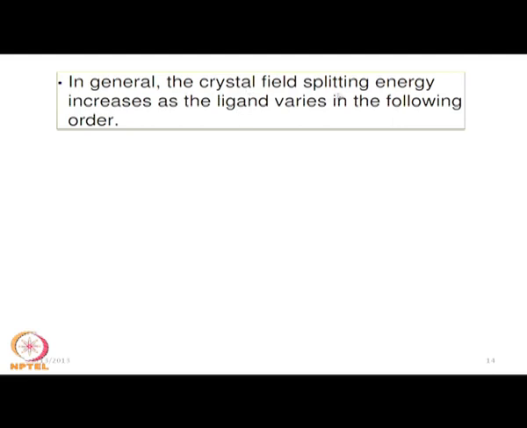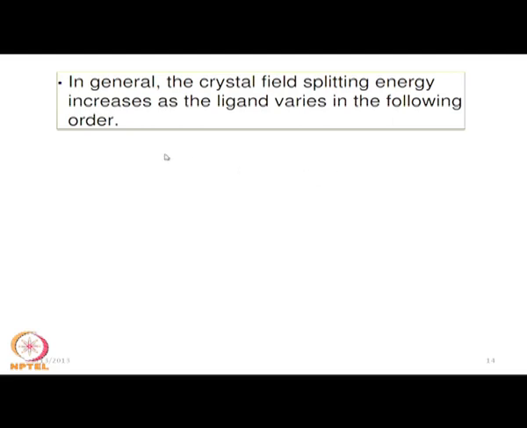So, in general the crystal field splitting energy increases as the ligand varies in the following order. That means we can try to locate the electrons in a particular order, the way we have seen in the case of Ni2 plus, the ordering for water, ammonia and ethylene diamine.